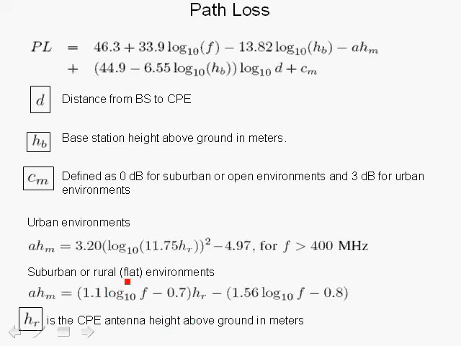Note that for the case of suburban and rural environments, we also have a dependency on the frequency, f. But for the case of urban environments, it only depends on h of r, assuming that f is greater than 400 megahertz. So in summary, using the COST-231 Hata model, we can compute the path loss given the distance to the base station, the height of the base station, the height of the CPE, and given the frequency.